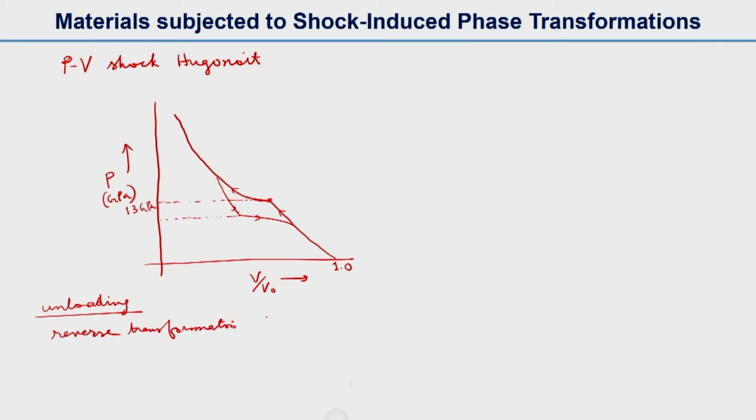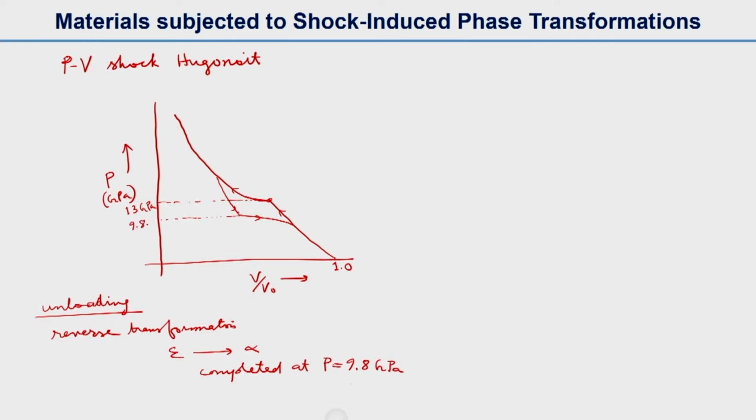That means from epsilon to alpha, and it got completed at a pressure of 9.8 gigapascal.